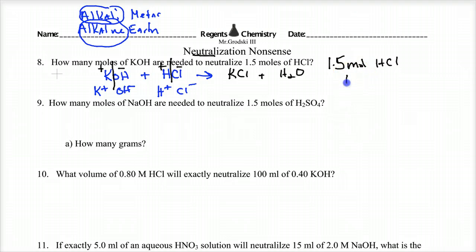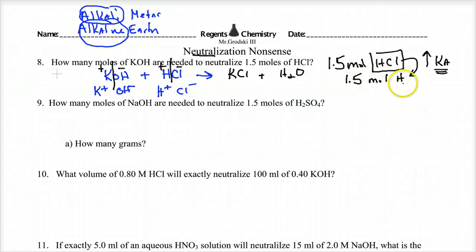So this is really 1.5 moles of H pluses because of the strong or the high Ka, which means complete dissociation. If it's a strong acid, the moles of the molecule approximate very well the moles of the protons that come off.